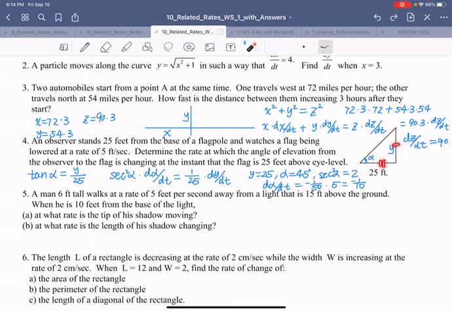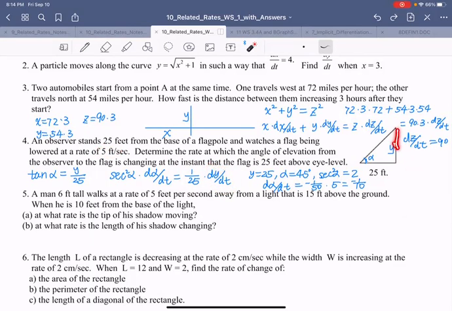This is an isosceles right triangle. Alpha equals pi over 4. Secant of pi over 4 is square root 2. That guy squared is 2. So this guy times dy over dt is 5.